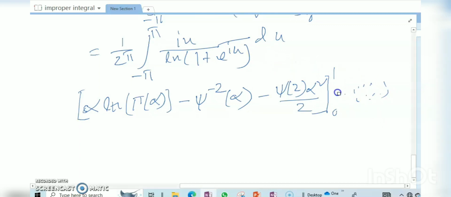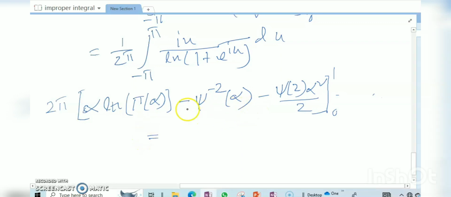I get this value, which means 1 by 2 pi is coming here. So if I multiply with 2 pi, this value is equal to, okay, wait.